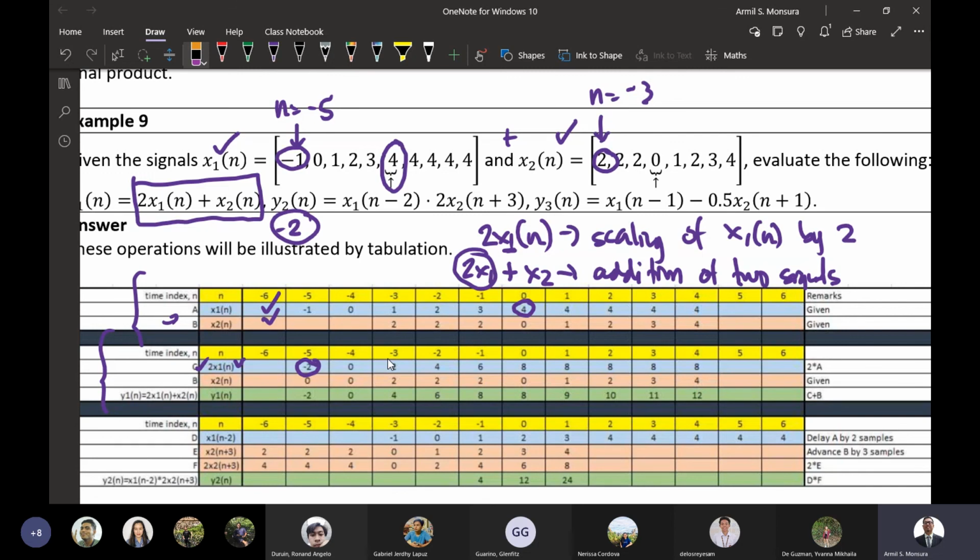Once mag-appear yan sa isang column ng table ninyo, it means pwede nyo yung i-add, pwede nyo yung i-multiply. Okay? So, if you now perform yung operation na 2x1 plus x2, mapaproduce itong signal na to, which is your y1.